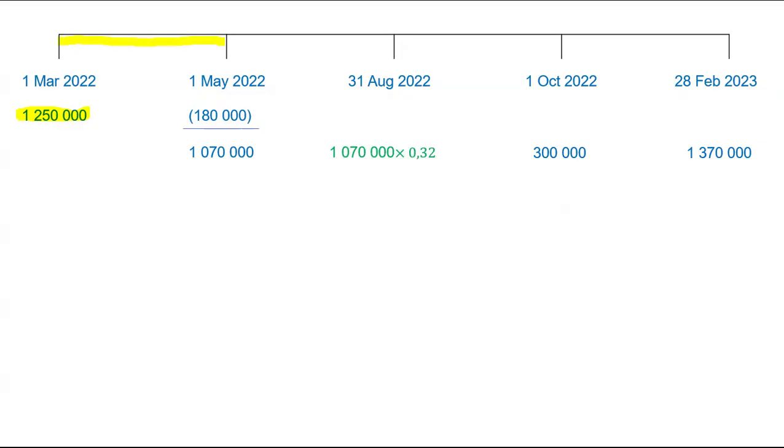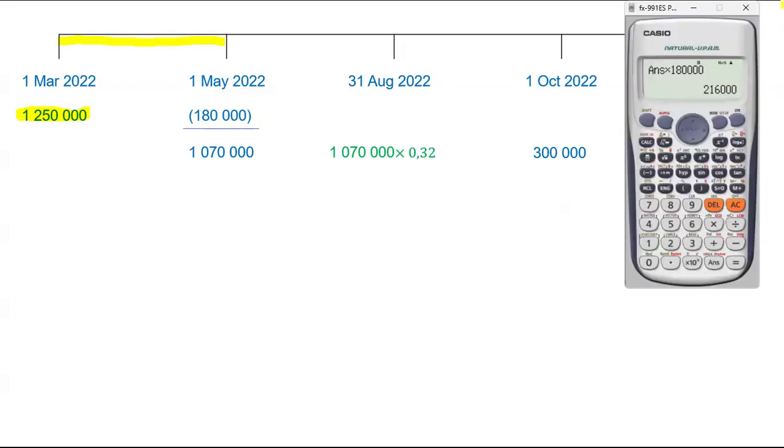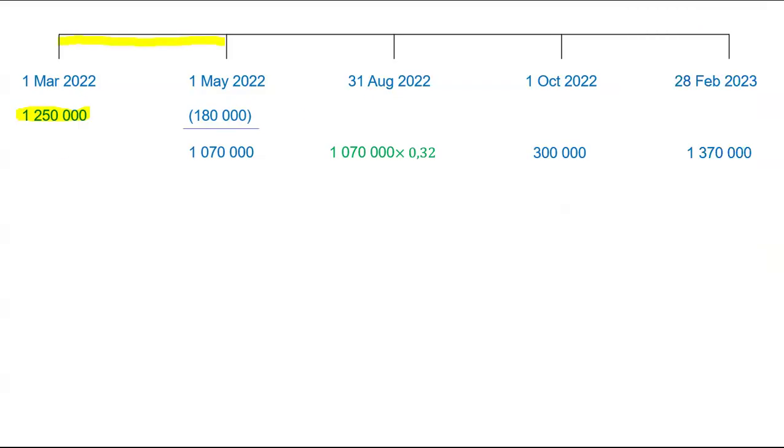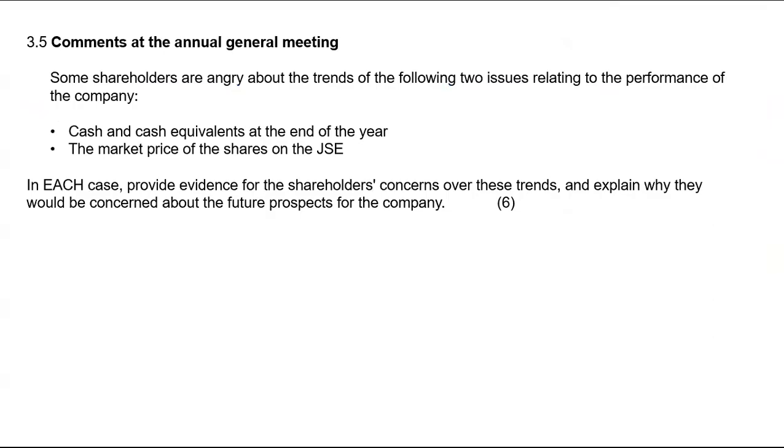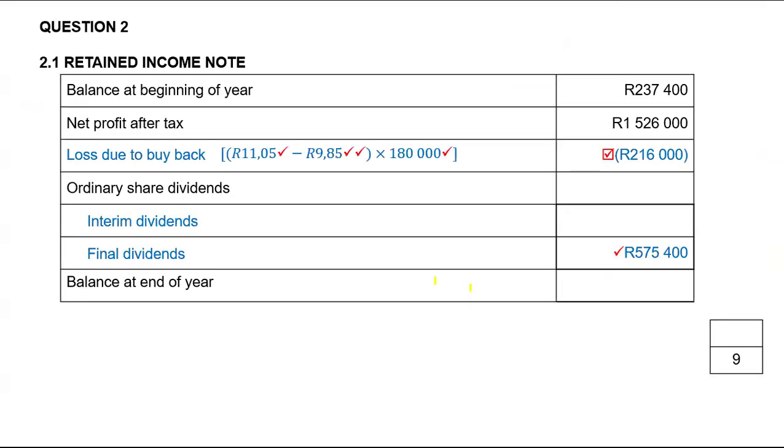How much will that be? 1,070,000 multiplied by 0.32 gives me 342,400. Those will be my interim dividends. I already have my final dividends, so I am sorted out when it comes to my final dividends. And that is it, guys.